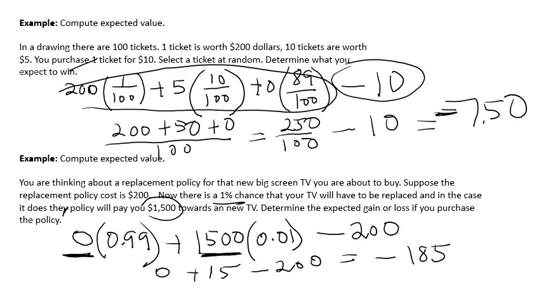I'm expecting a loss of $185 by purchasing this policy, because once again, there's a very low chance I'll be replacing it. But that is the expected value of the policy, okay? A loss of $185.